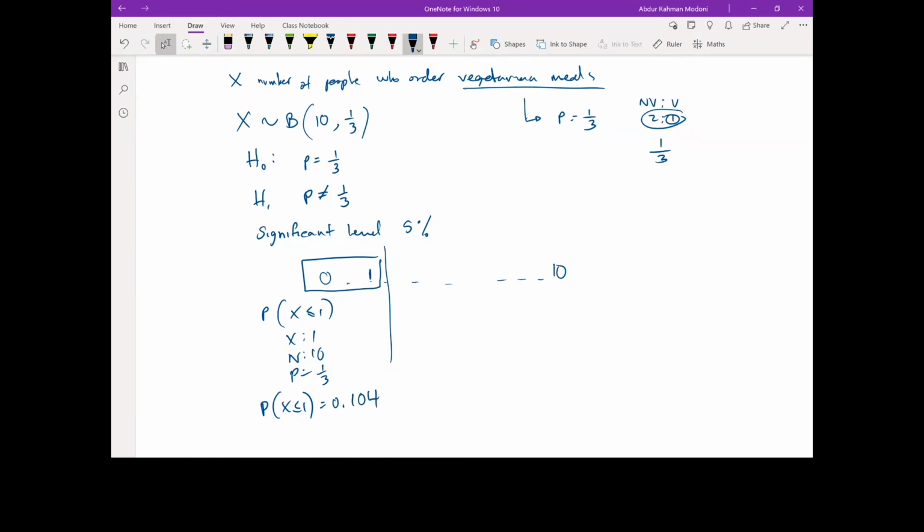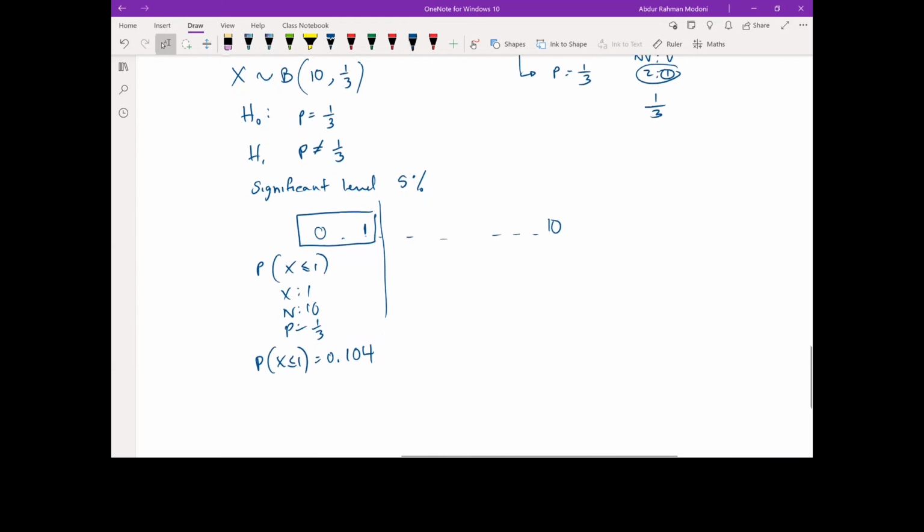Okay. And we want to compare this to our significance level. Now, remember, this is a two-tailed test. And since we're considering the lower tail here, we need to either halve our significance level or double this probability to compare to the 5%. One or the other, not both.